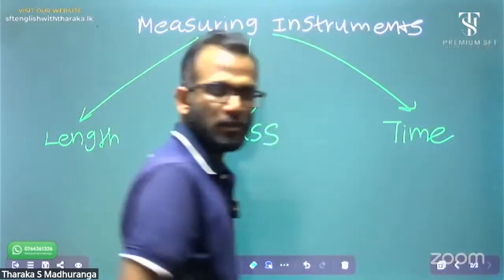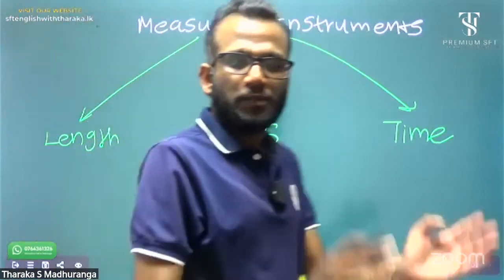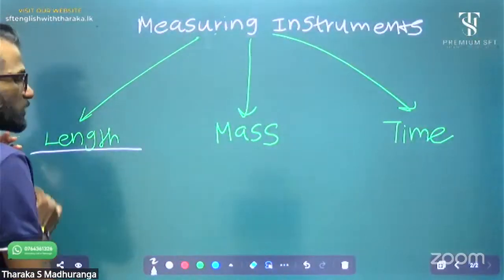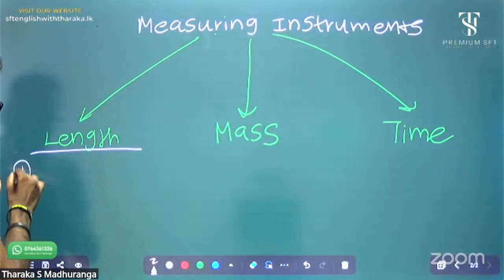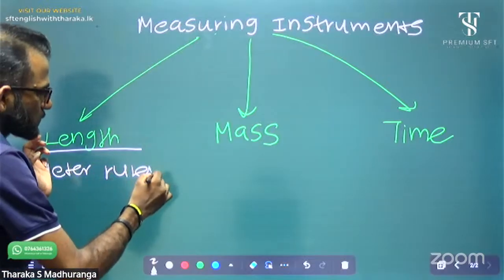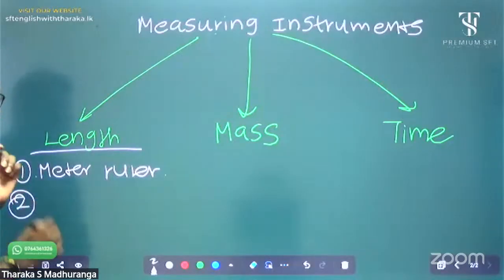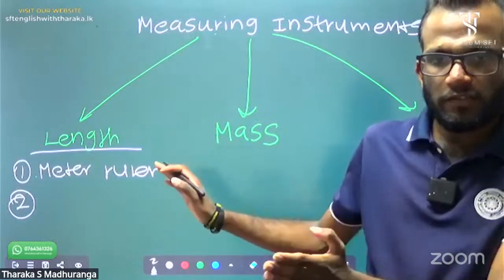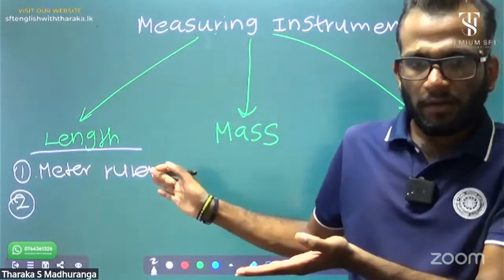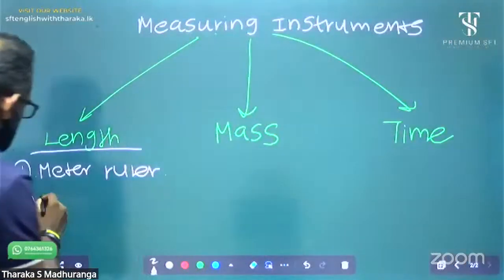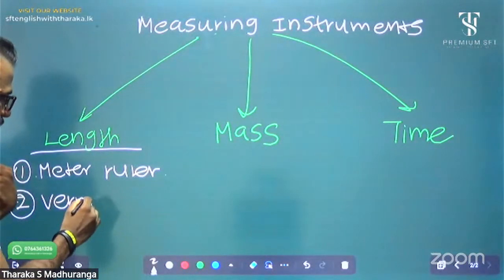What are the length measuring instruments? First, the meter ruler. What else? Vernier caliper, which you completed last week.